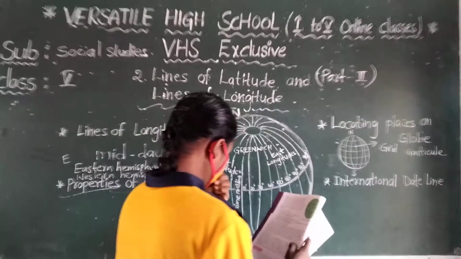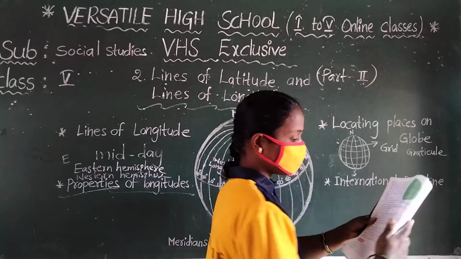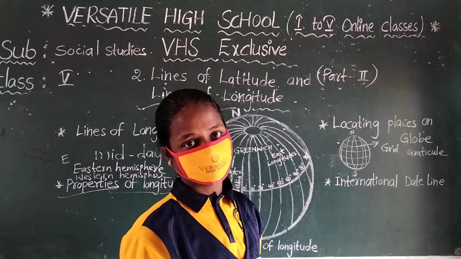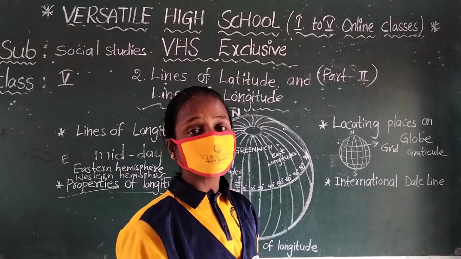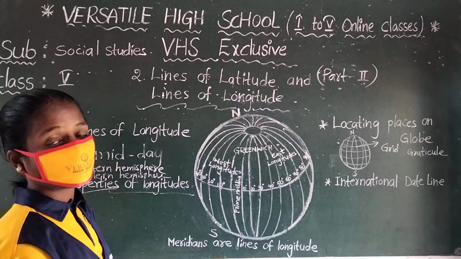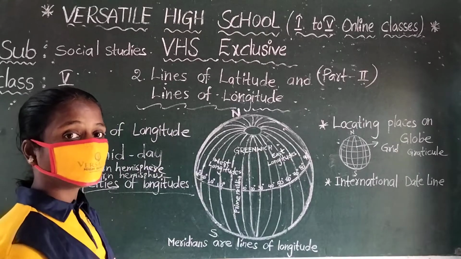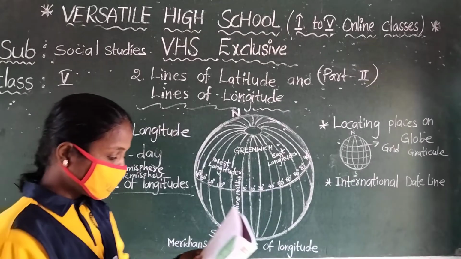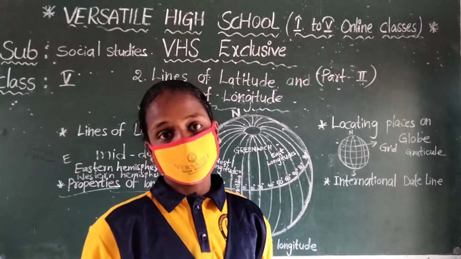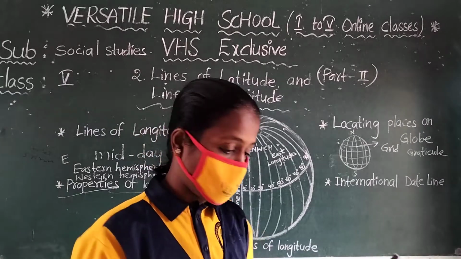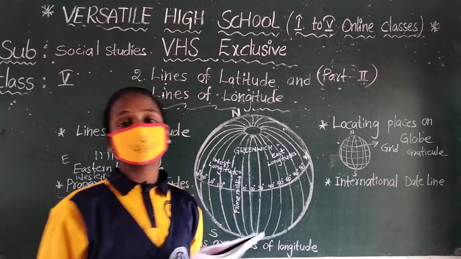And here observe that to locate a place we need to know the latitude and longitude of the place. That means first you know the longitude and latitude of the place, then you locate it on the globe. For example, here Kolkata is given as 23 degrees north and 87 degrees east.